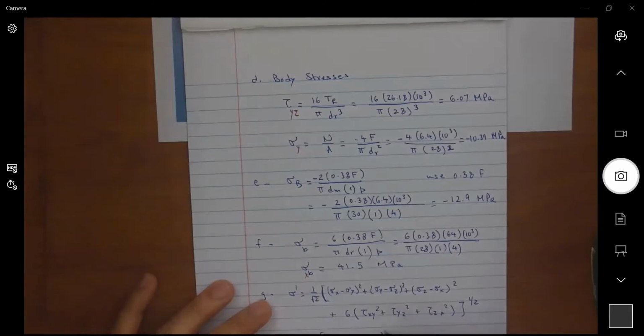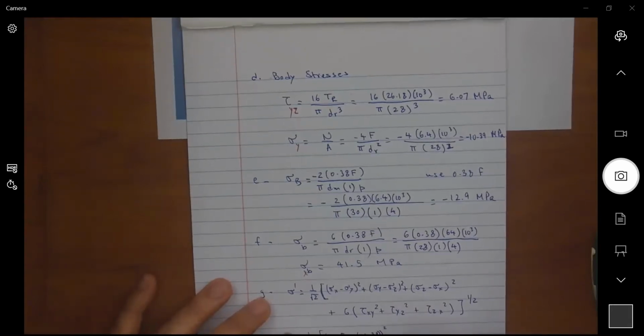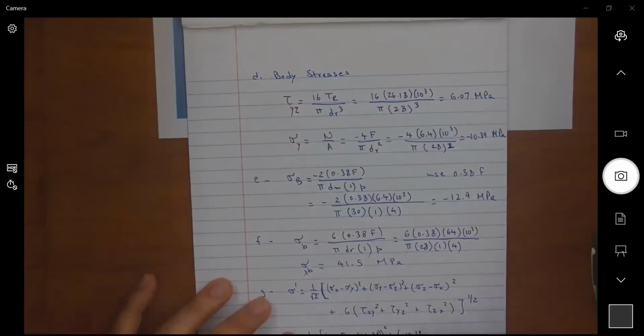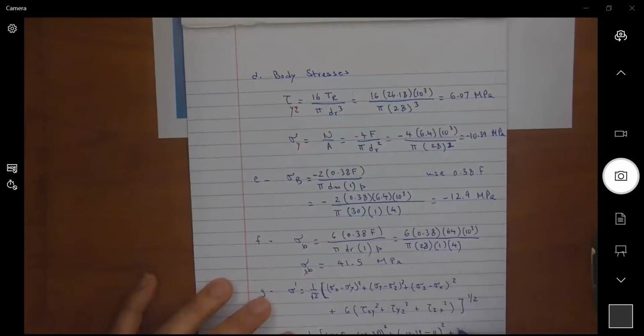This is squared, plus sigma y, which is minus 10.39, minus sigma z, which is 0, squared, plus sigma z minus sigma x.